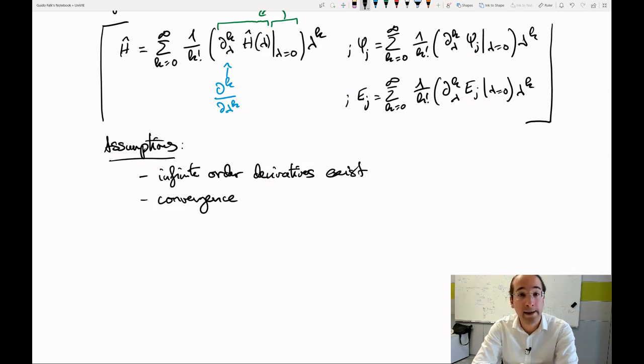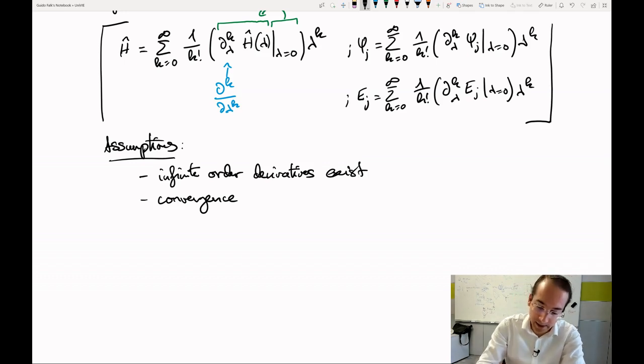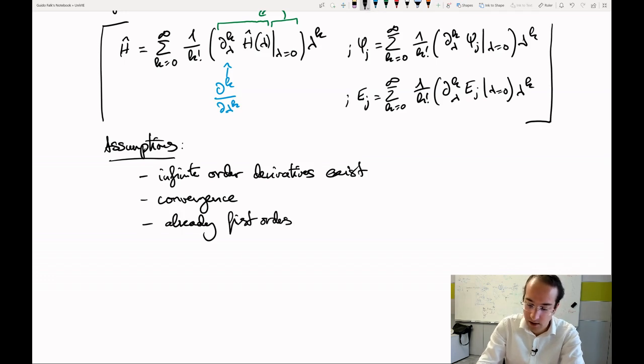These are mathematical assumptions, but there's also a practical assumption, and this practical assumption is that already the first orders are helpful.